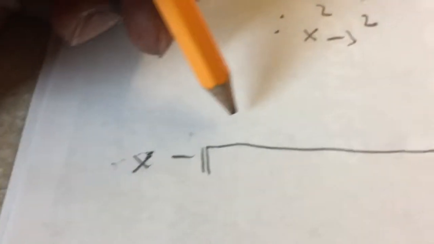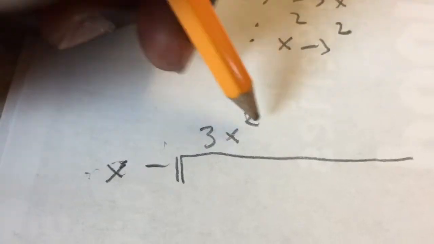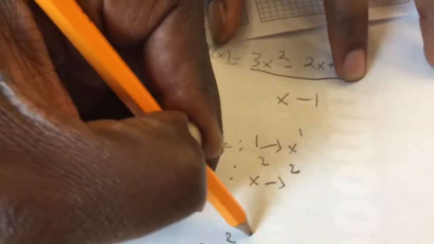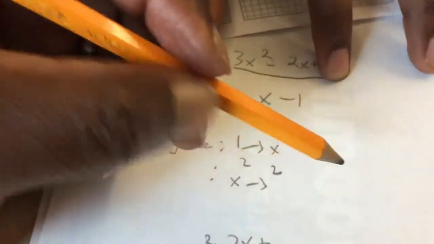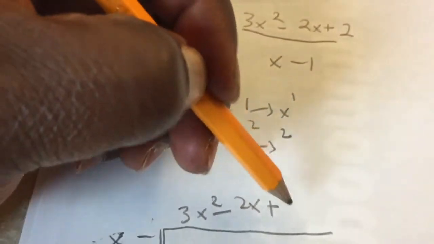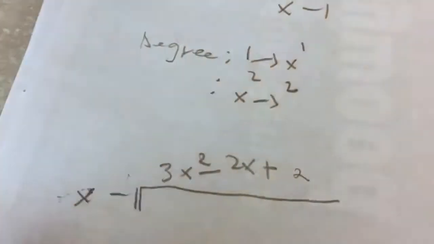So it's going to be x minus 1 here. And then we have on top 3x squared minus 2x plus 2. Okay, and this is how I'm going to do it. I'm sorry.